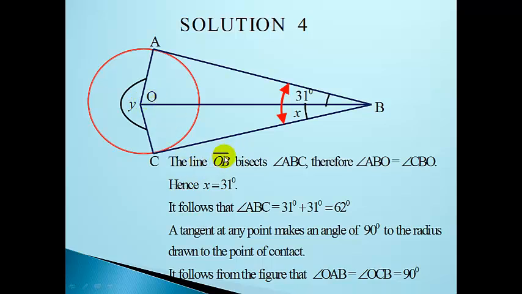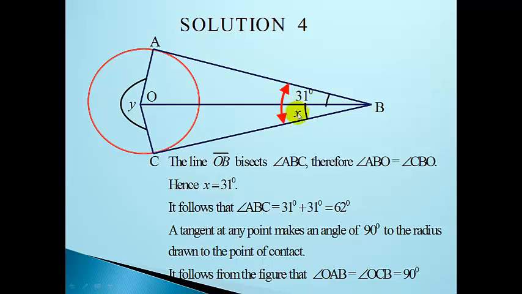Now the line OB bisects angle ABC, and therefore angle ABO, that is 31 degrees, equals angle CBO, that is x.